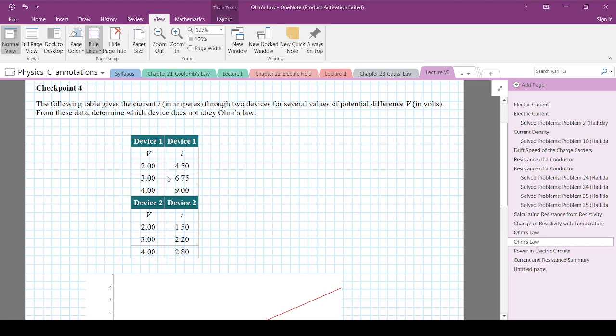The units are missing here, very bad. Physicists, we don't feel so comfortable without units, so let's put the units here. This is going to be volts, and this amperes.